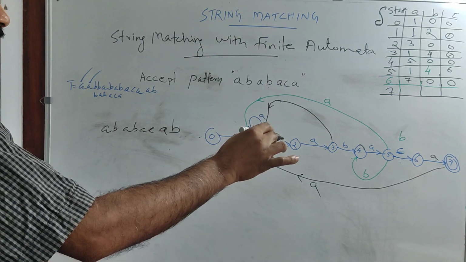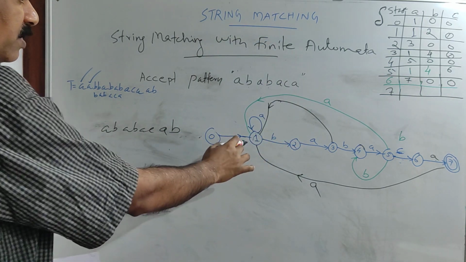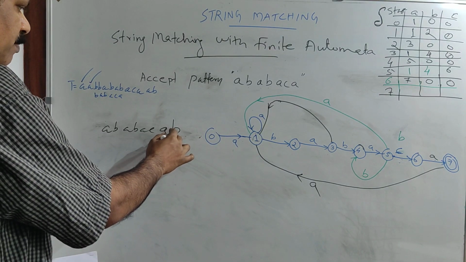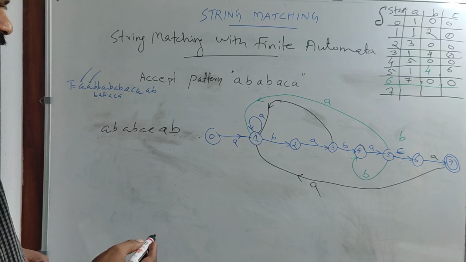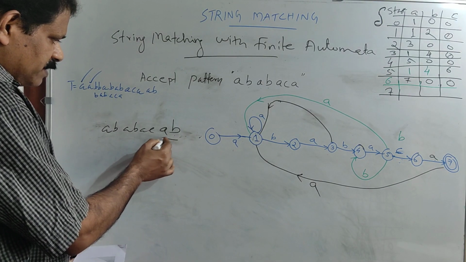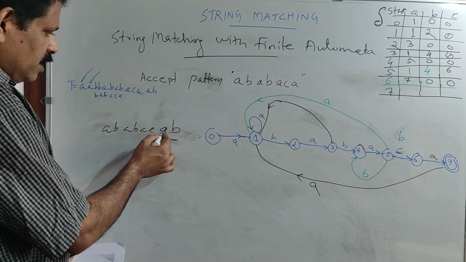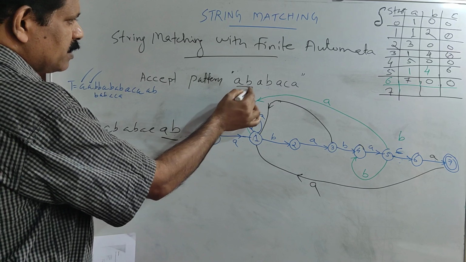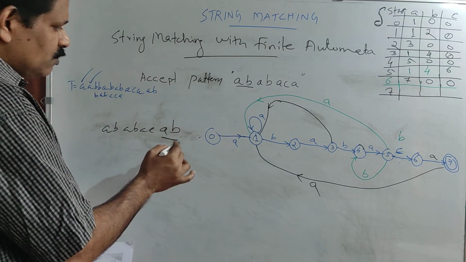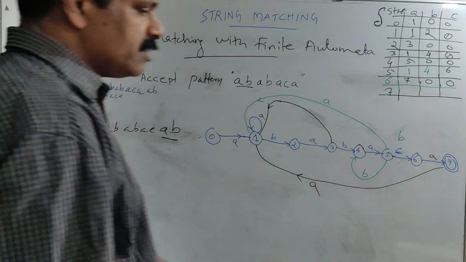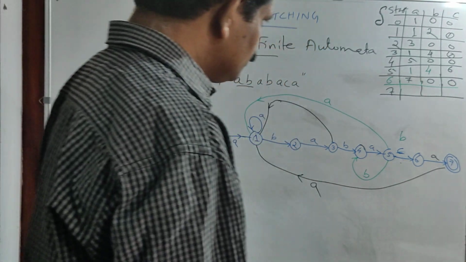From there, if you get a character A, you will do a transition to stage 1. Suppose you get a character B, then what is next? Try to club it with the previous characters. You are getting AB, which is the beginning of the pattern. So on receiving AB, you will be at state 2.